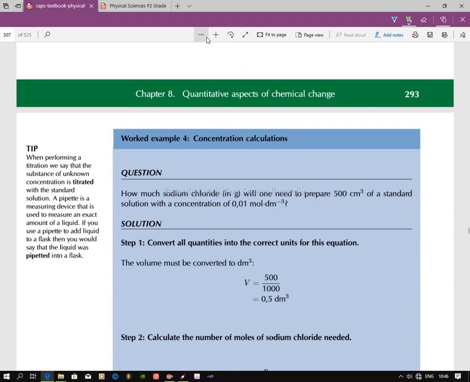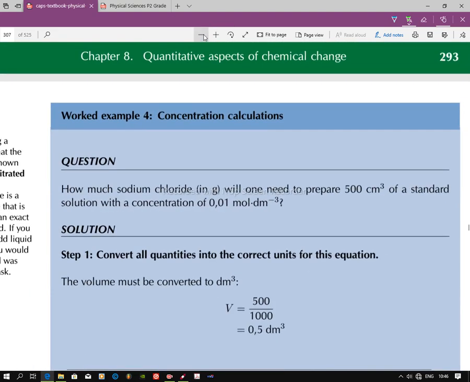So let's look at this question here. They say how much sodium chloride in grams will one need to prepare 500 centimeter cubed of a standard solution with a concentration of 0.01 mole per decimeter cubed.